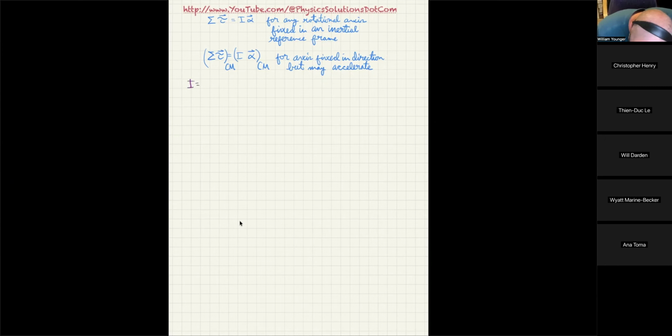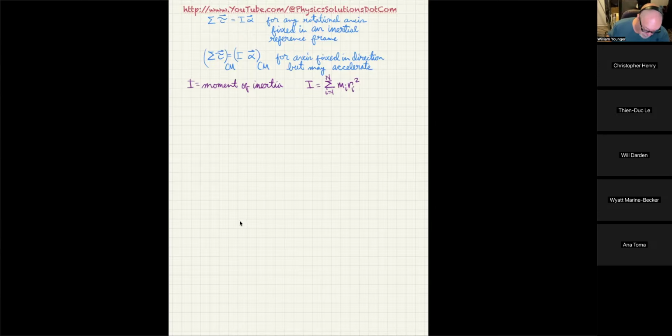I equals what we call the moment of inertia. If you're talking about discrete objects, we have I is equal to the summation from i equals 1 to n of m sub i r sub i squared, where r sub i is the distance measured perpendicularly from the axis of rotation to the point at which the center of mass of m sub i is located.